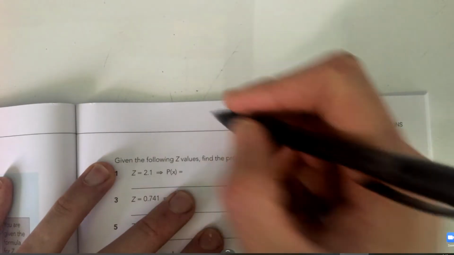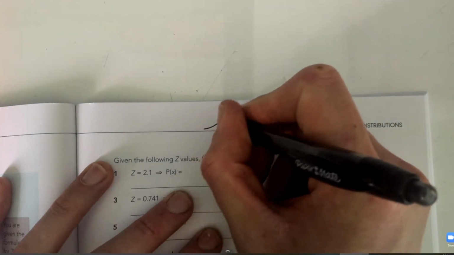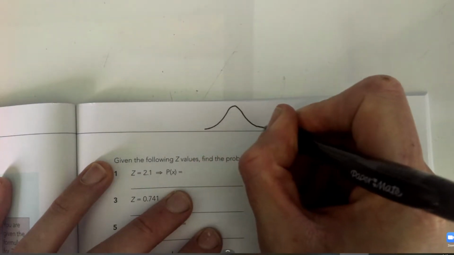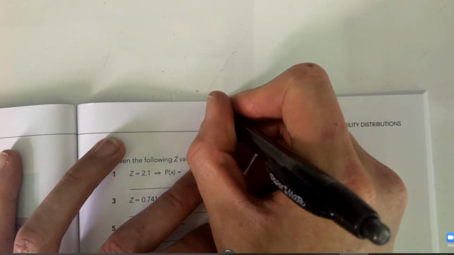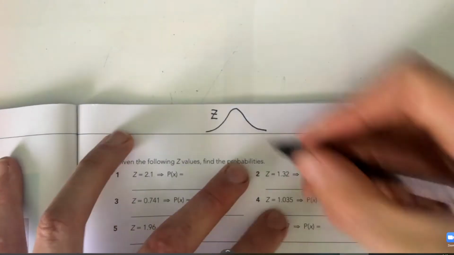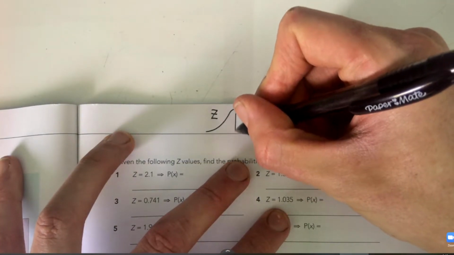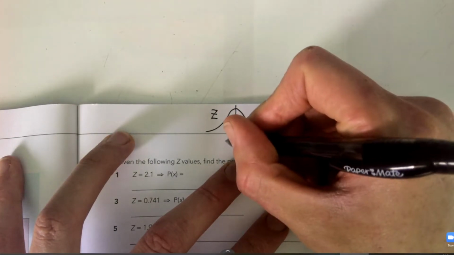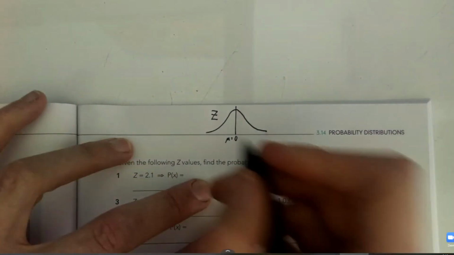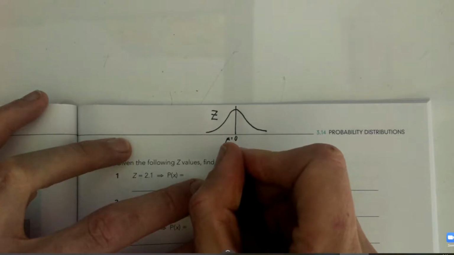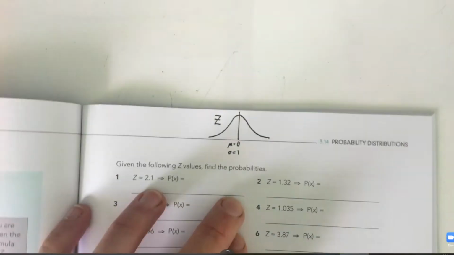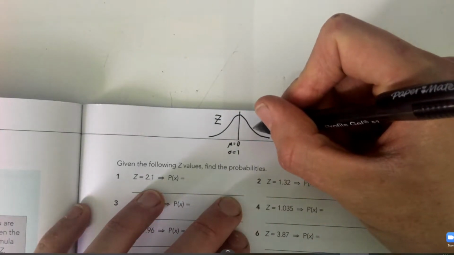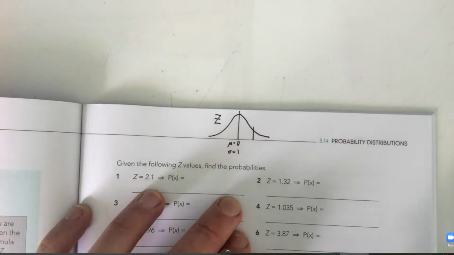So what is a z value? Let's do a quick little reminder. If we've got our standard normal distribution, which is capital Z, the mean is going to be 0 and the standard deviation is going to be 1. A z value is a value that pops up here.